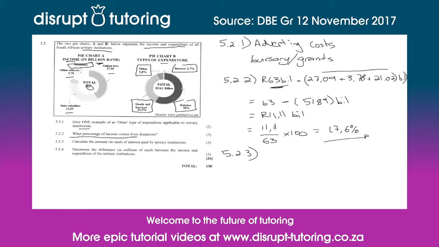Question 5.2.3 says calculate the amount in rands interest paid by the tertiary institution. You can see they've told you 0.7% over there, and the total is 54,1. So we need to find what is 0.7% of 54,1 billion. Remember, we just multiply by the percentage.